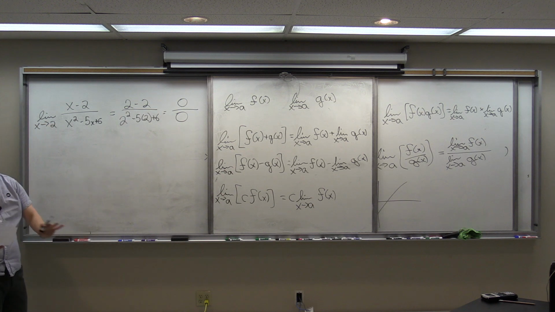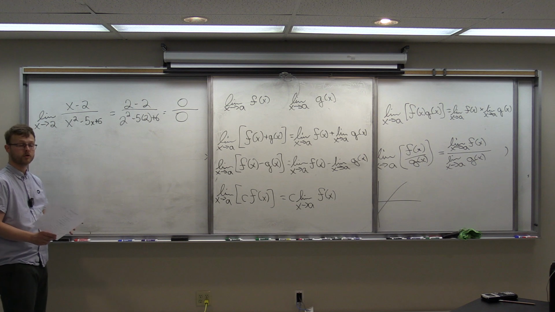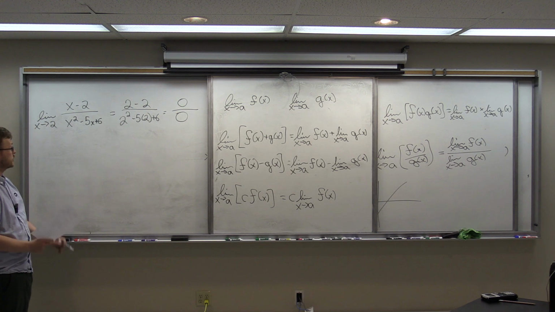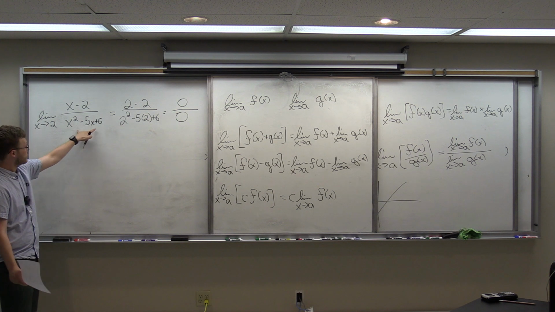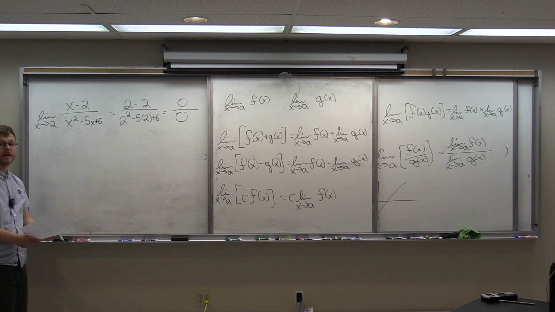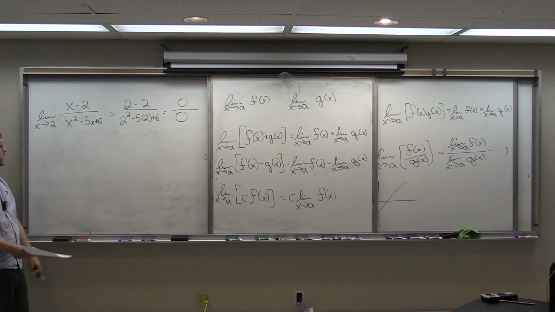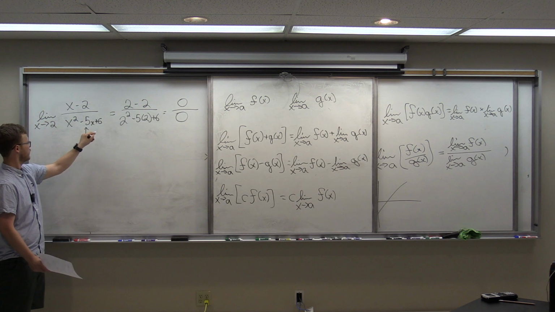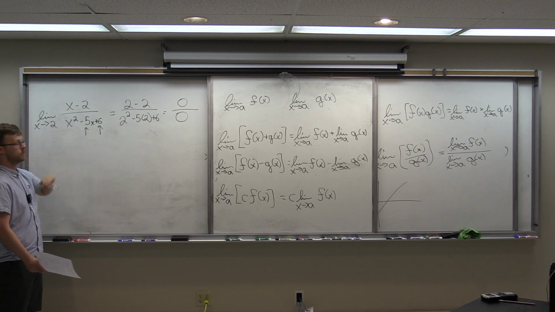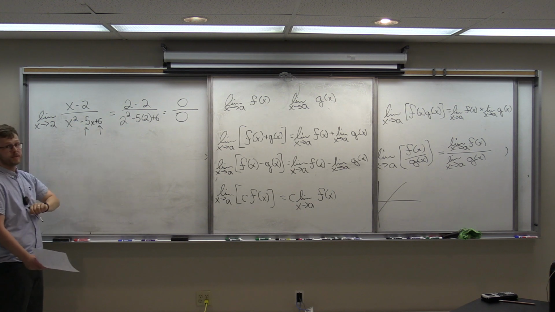I'm not going to jump straight to there's no possible way to answer this. I'm going to think about which algebraic tricks I can apply to actually simplify it. And it's going to be factorizing that denominator. I recognize that as a quadratic that can be factorized, and it's not going to require some difficult quadratic formula or anything like that. I just want to find the two values that add to give me -5 and multiply to give me 6.